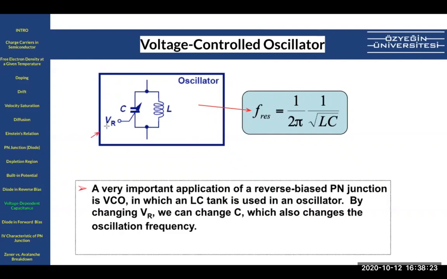And this parameter would be VR, for instance. Whenever we change the VR, the C changes, and whenever the C changes, the oscillation frequency changes, right? So obviously you design a circuit now that you can change the frequency because you can change the capacitance.